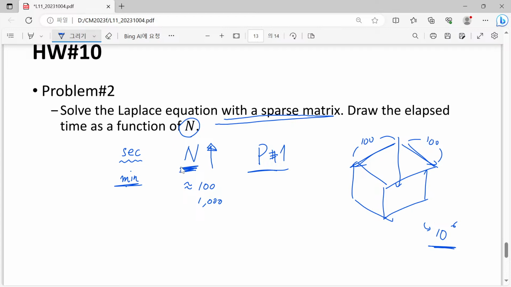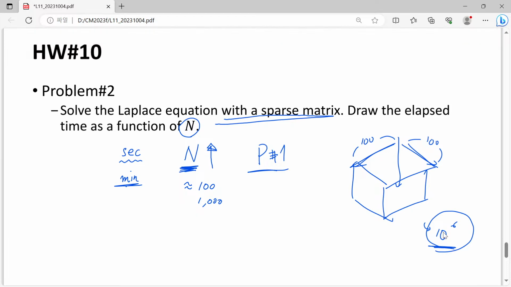The number n corresponding to a large count sometimes seems to be sufficiently large, but in many cases it's not that much. So nowadays 1 million is just a matter of our everyday life. So you should be careful about the efficient way to calculate the AX equal to B system.